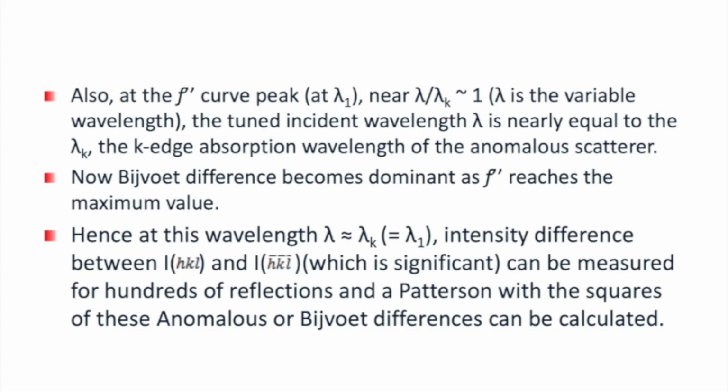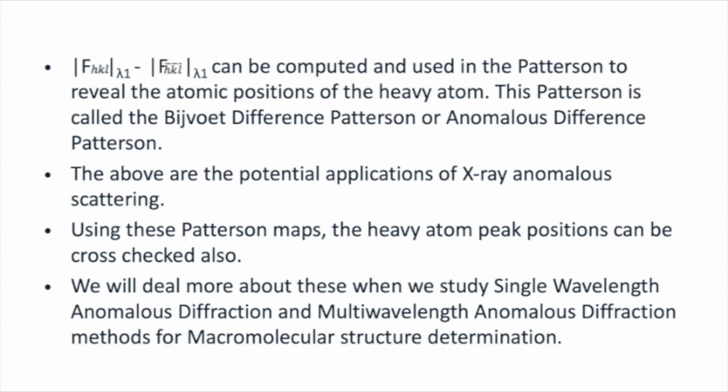Then if you do the map with coefficient mod FHKL at lambda 1 minus mod F of H bar, K bar, L bar at lambda 1, and you do a Patterson at the same wavelength where f double prime is maximum, this is known as anomalous difference Patterson.